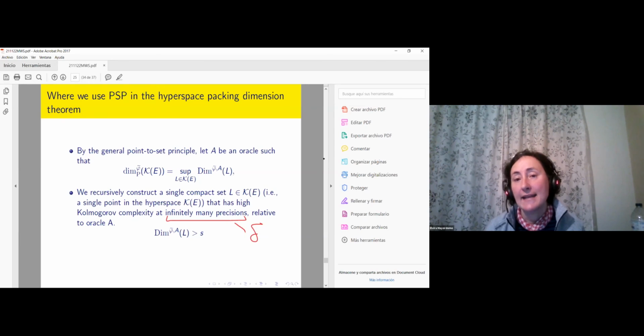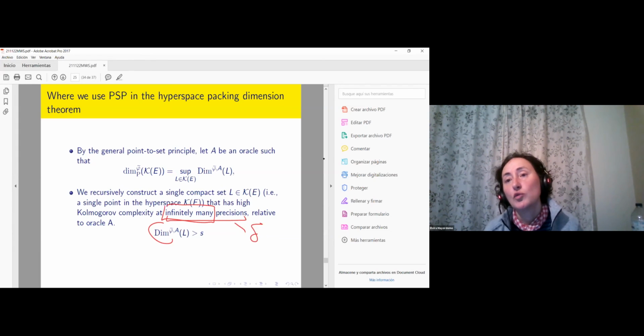And it is very important for us that we only need a strong dimension. That is, we only need to have high Kolmogorov complexity at infinitely many precision places. This allows us to do the construction like improving the L at each step.